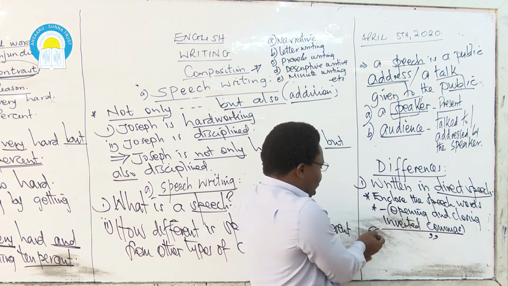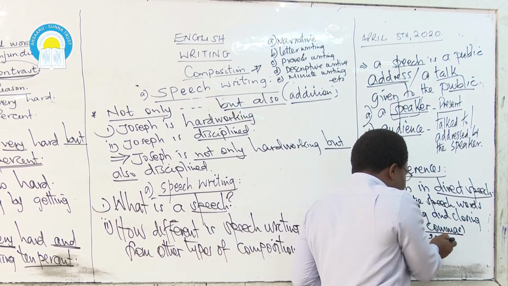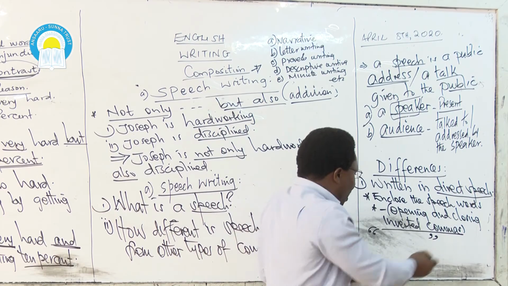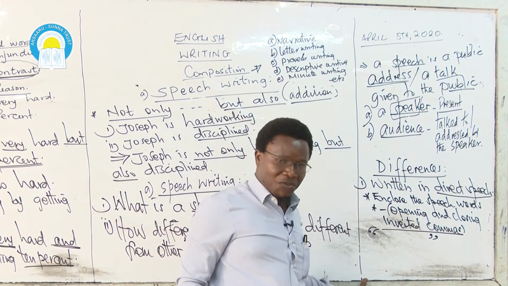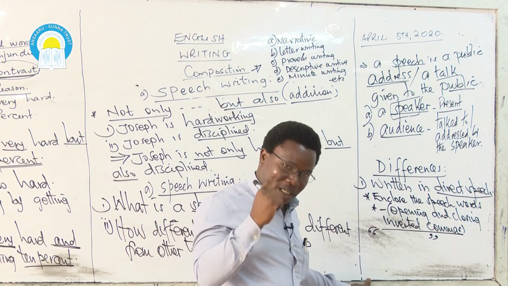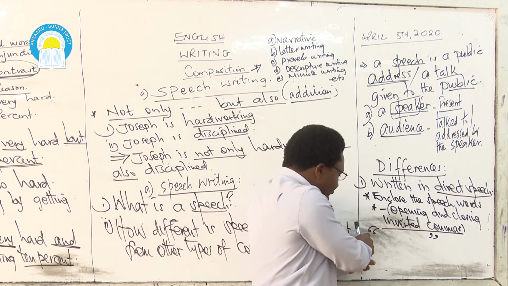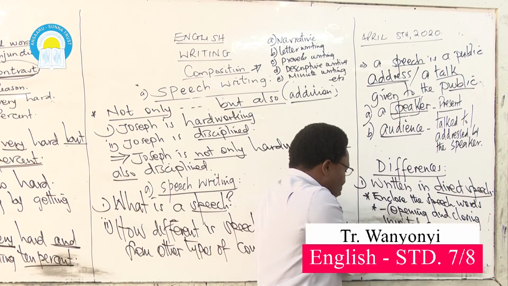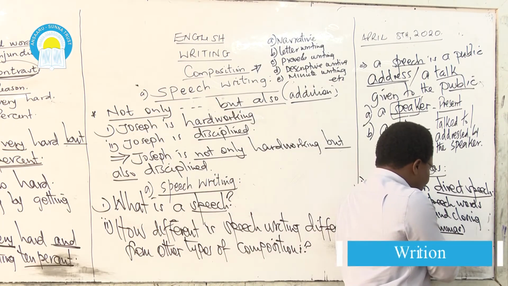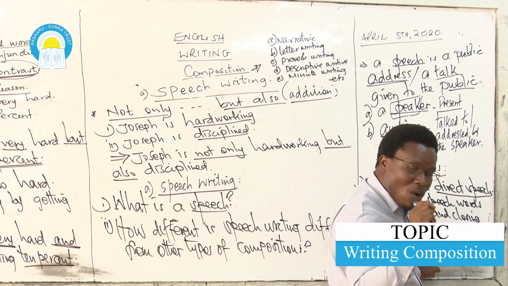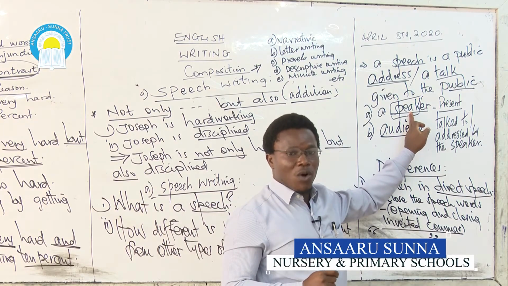You find some books placing the opening inverted commas at the beginning of every paragraph, closing at the end of every paragraph, beginning the paragraph, ending the paragraph. Don't follow such. My point is simple and clear. Take note. The opening inverted commas are placed at the beginning of the speech, and the closing inverted commas are placed at the end of the speech, being given by the speaker in question.